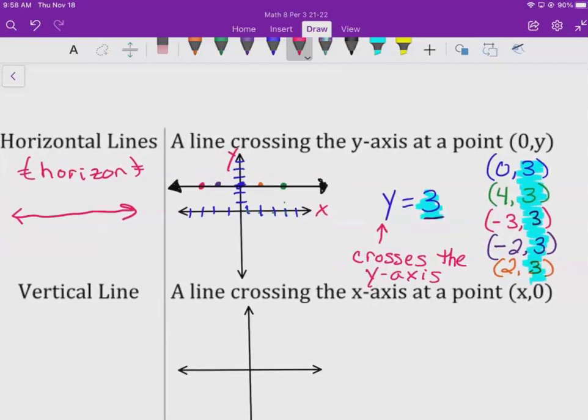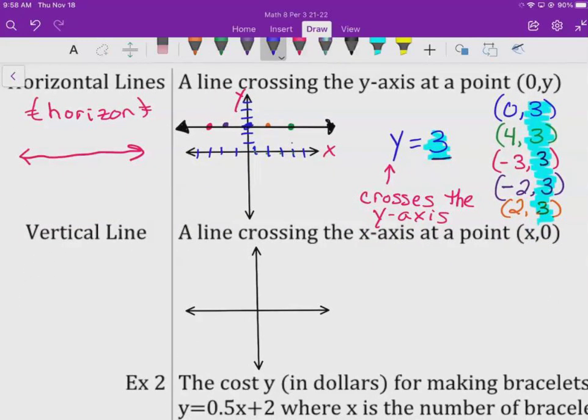Okay, vertical lines. So this one goes this way. So we're going to do the same thing. This time we have x equals, let's do a negative 2. Okay, so let's do the same points.